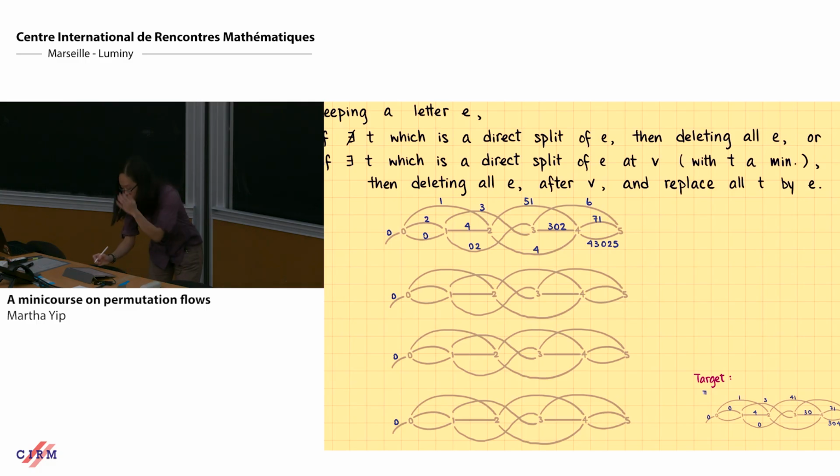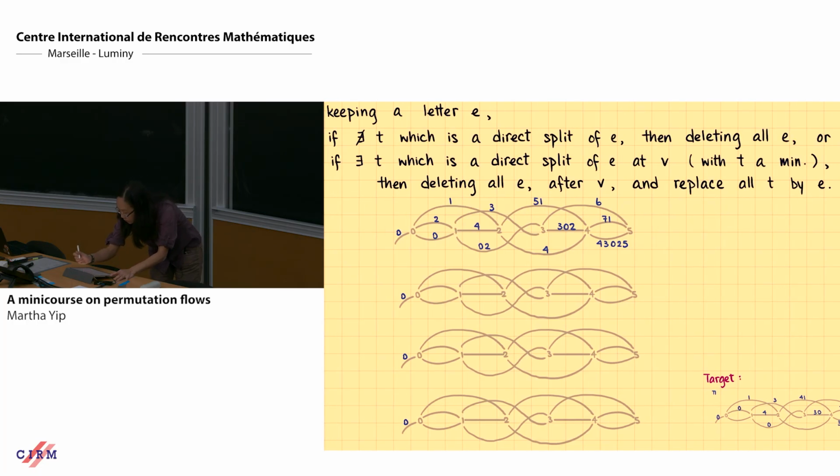I know I need to get pi, so I need to delete that letter. I'm going to go ahead and just delete 0. But because at the vertex 0, 2 is a direct split of 0, I now have to follow by replacing all of 2's by 0.